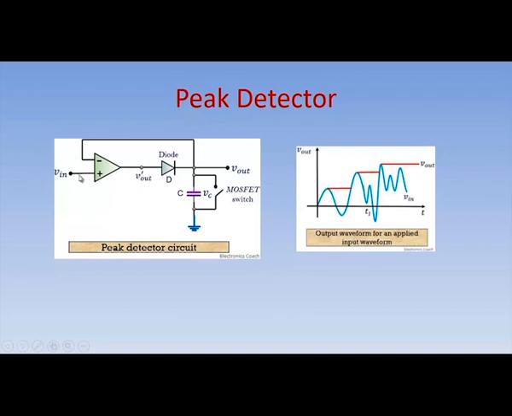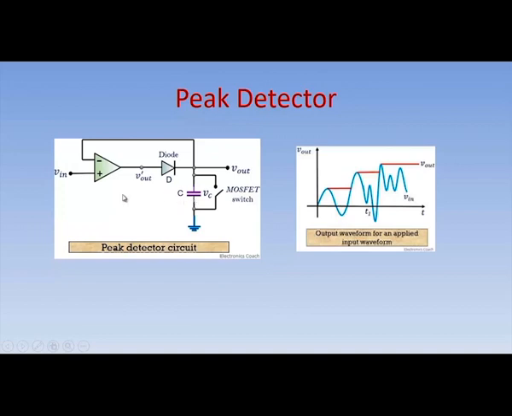For example, if you have a positive output, then the diode will conduct. If the diode is conducting, then it follows the input voltage, and at the output it will give you the input. So, it is a voltage follower circuit if the diode is on, and the capacitor will have the highest peak of the input signal now.